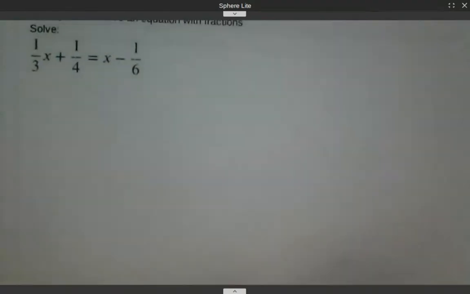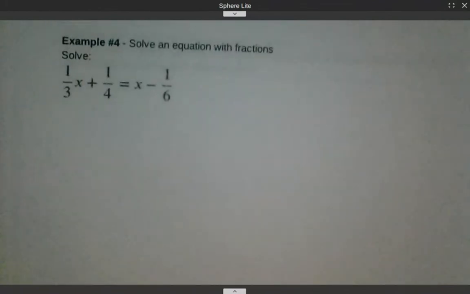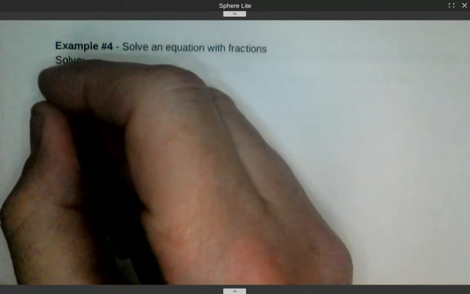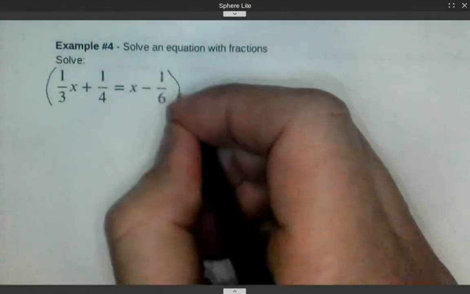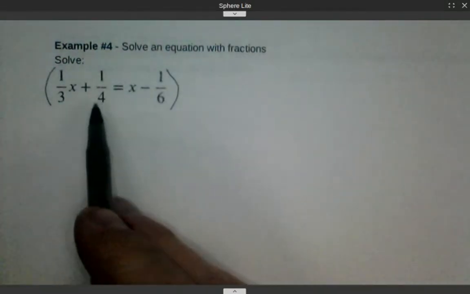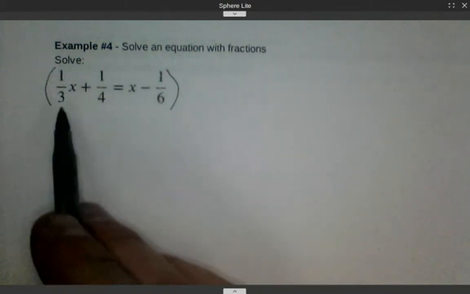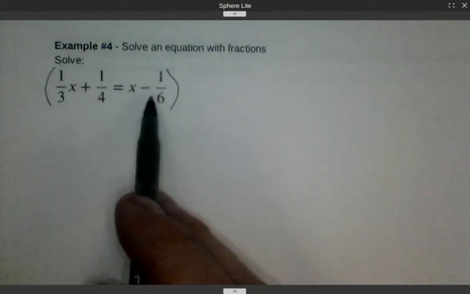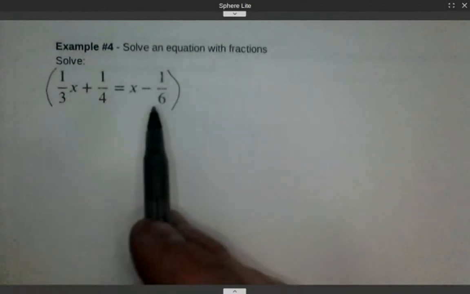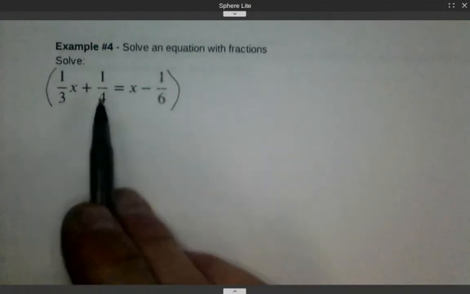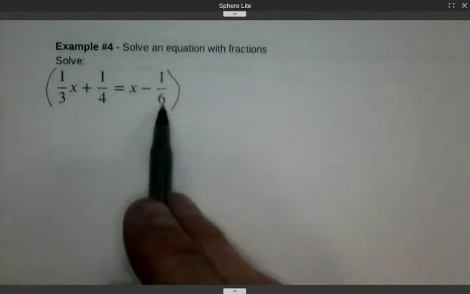All right, another type of problem is one with fractions. Nobody likes fractions, so let's get rid of the fractions. Here's what I like to do whenever I have a problem with fractions. I like to find the lowest common multiple between 3, 4, and 6. Now, the lowest common multiple is going to be 12 because 3 goes into it, 4 goes into it, and 6 goes into it.